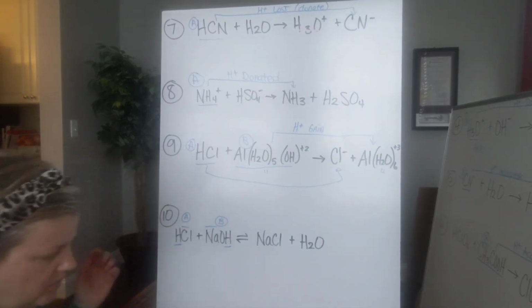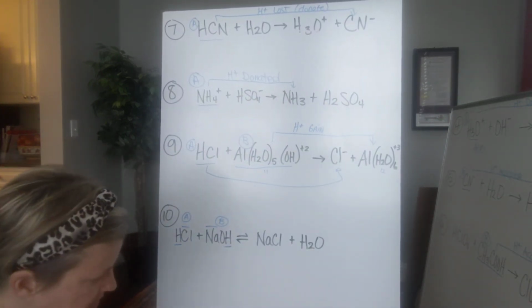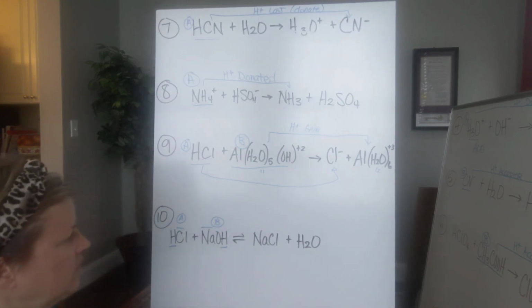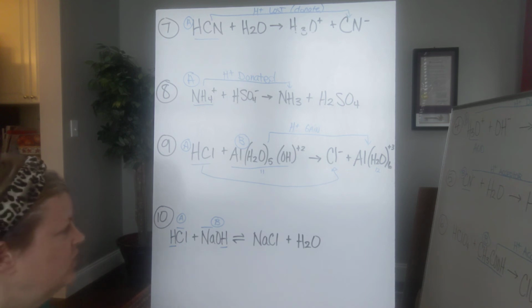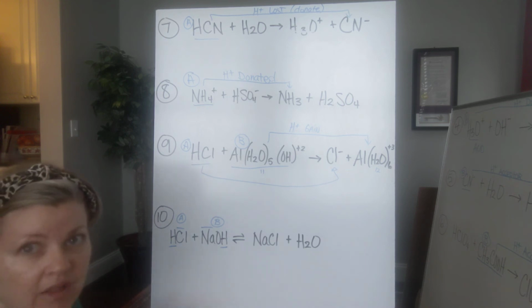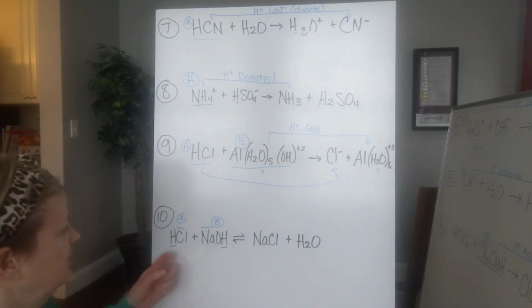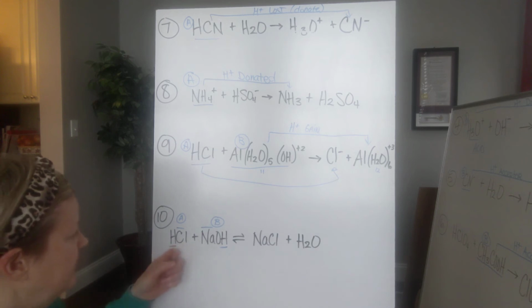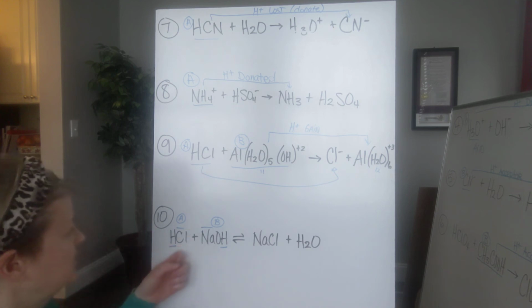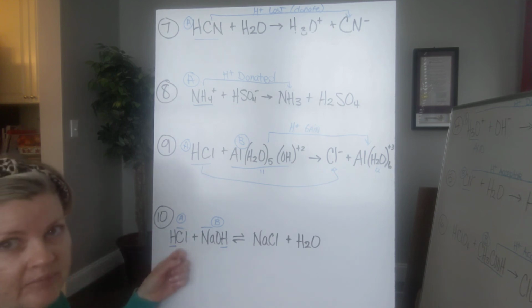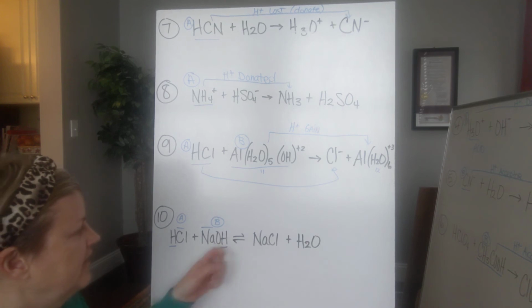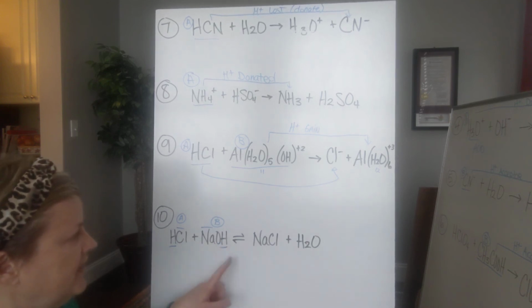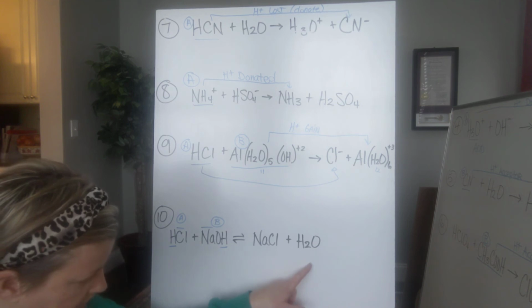Okay, so the trick becomes, what is connected to what? So let's follow the hydrogens. This guy is an acid, right? So it's going to lose that hydrogen. That hydrogen is going to join that hydroxide and become water, right?